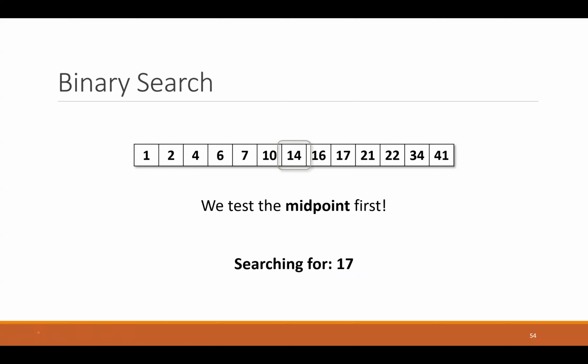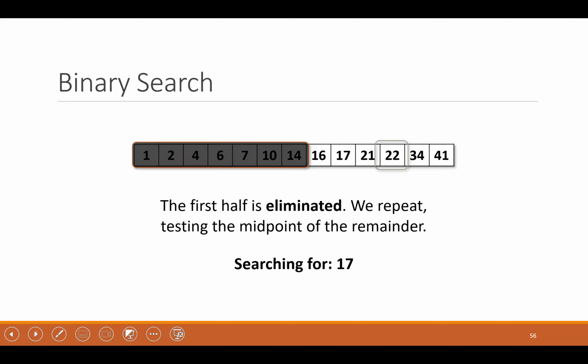So I look at 14, I compare it to 17. I know 17 is greater than 14. So I know 17 is going to be somewhere over here. I'm not sure exactly where, but somewhere. So I know I never have to look here. 17 won't be found there. So I eliminate at least half of my list.